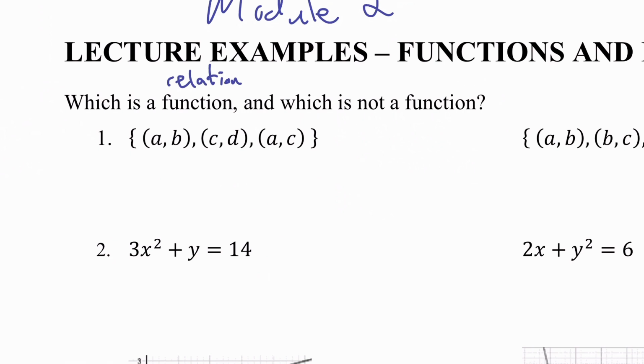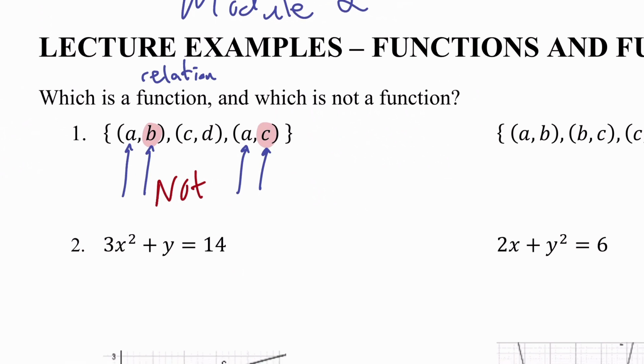But a function is one in which you can't have one input resulting in multiple different outputs. So here we've got A as an input makes B as an output, but also A as an input makes C as an output. That's not allowed. You can't have the same input resulting in two different outputs. That makes it not a function. It is a relation, but it's not a function. So this one is not a function.